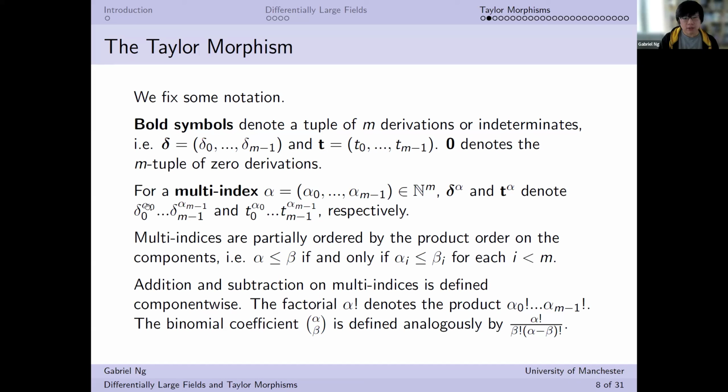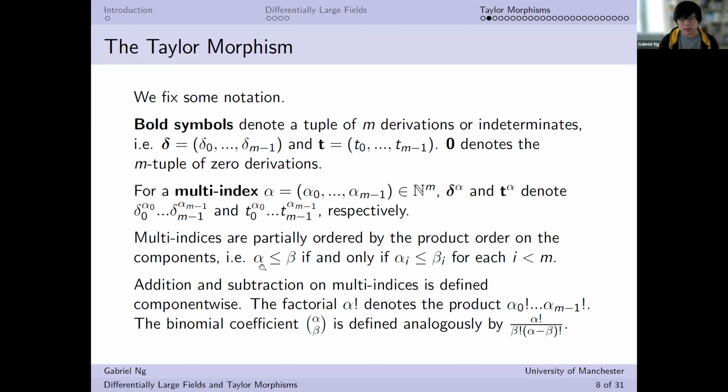And for notational convenience, we will use a lot of multi-indices. So a multi-index is just an m-tuple of natural numbers. Delta to the alpha and t to the alpha denote this composition of derivations and this product of indeterminates, respectively. And on multi-indices, we have the partial order given by the product.